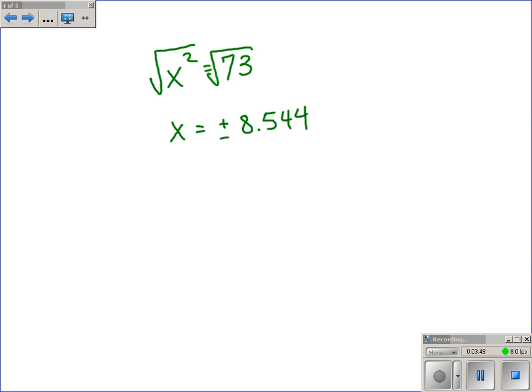The reason is that a negative times a negative equals a positive. So negative 8.544 times negative 8.544 is a number that's really close to 73. So you need both the positive and the negative, which is what this symbol means.